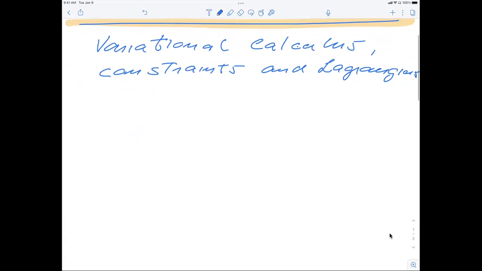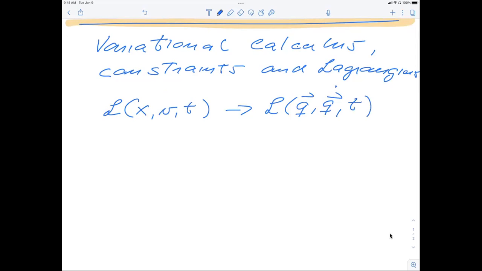So what we have looked at is a Lagrangian, which in one dimension we defined to be a function of position, velocity, and time. We can generalize this to a general variable, and you've probably seen this in a textbook, so this would be a vector q and a vector of the velocity of q, a general velocity.